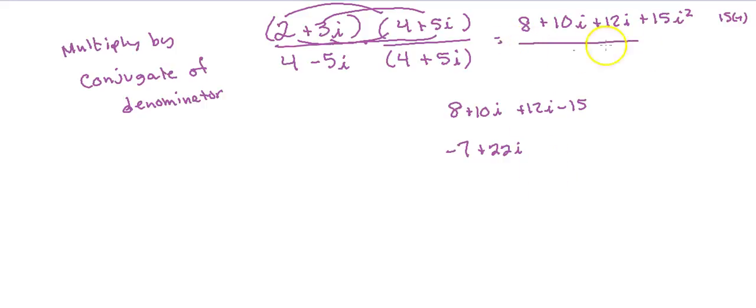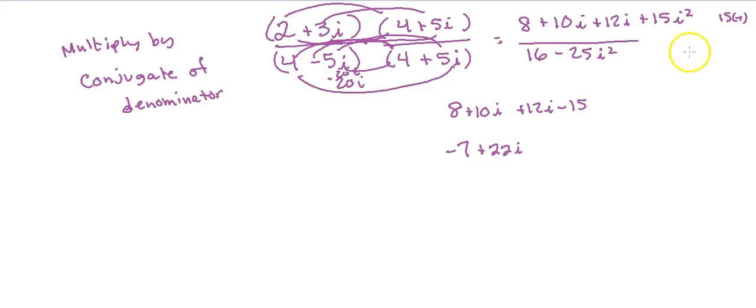In the denominator, when I multiply here and I FOIL it, what happens is I'm left with a real number. Because 4 times 4, the firsts, get me 16. Outsides here get me 20i. Insides get me negative 20i. And so my imaginary parts cancel out. 20i minus 20i is 0. My lasts become negative 25i squared.